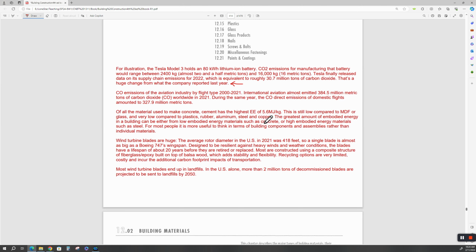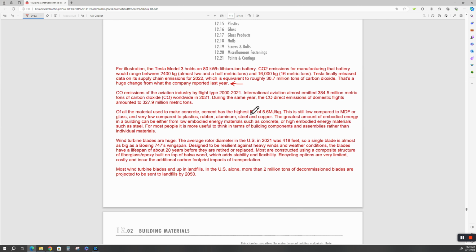It takes a lot of energy to make aluminum, and rubber, and plastics, and steel. We're talking about hot rolled steel, and even cold rolled steel studs. That sheet comes out hot, okay, off the steel mill when they coil it. And copper, the greatest amount of embodied energy.